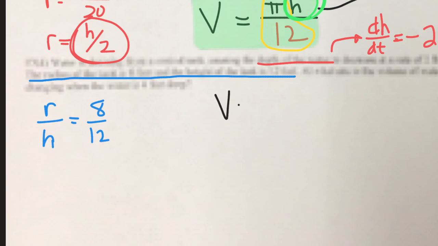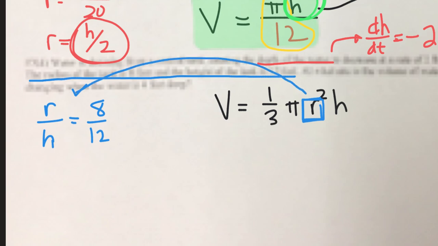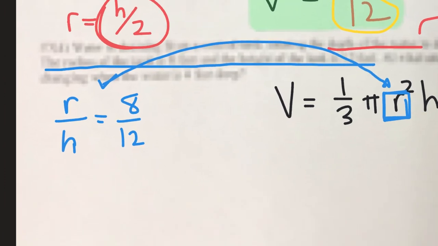Volume equals 1/3 pi r squared h. Once again, we want to replace r with the ratio from over here. That's why we do it, so we can replace r in our equation and just have h. So the step is the same, multiply both sides by h.